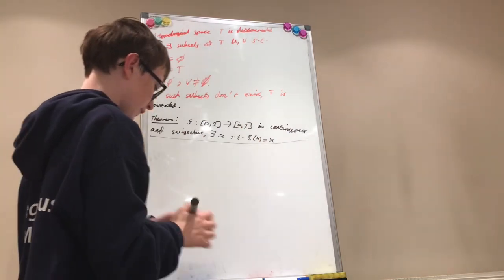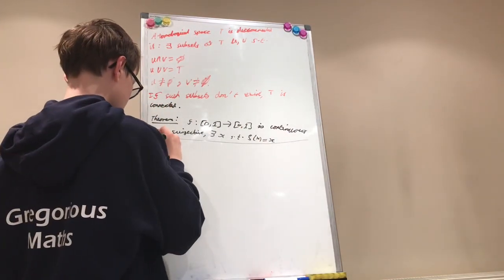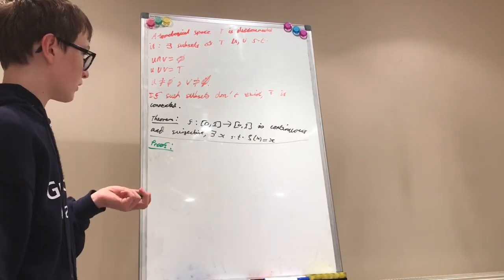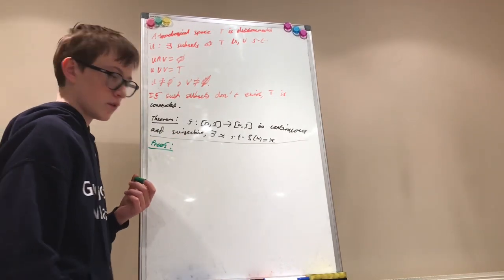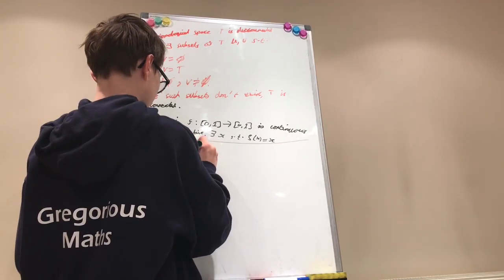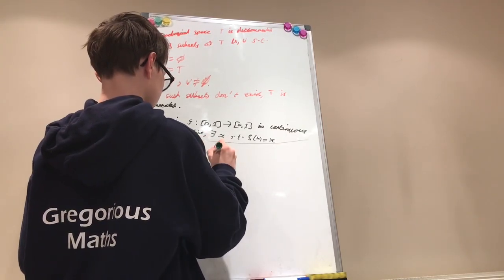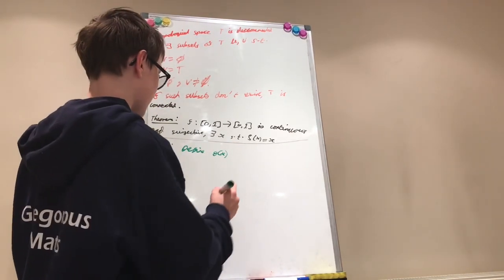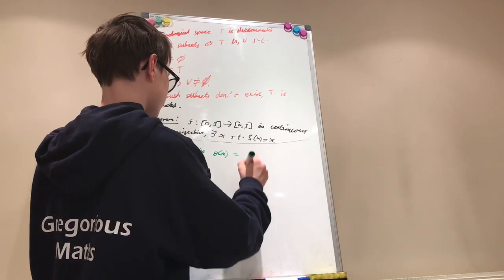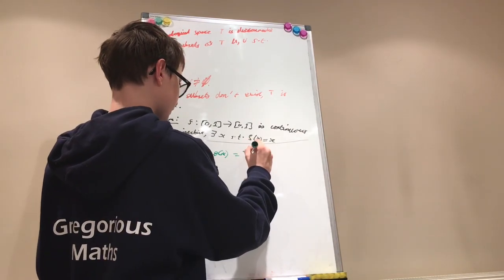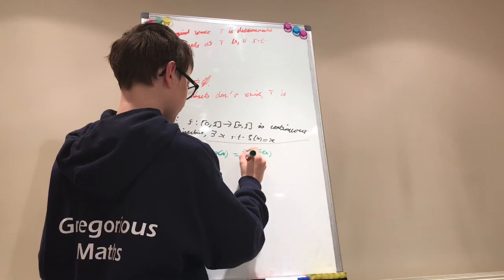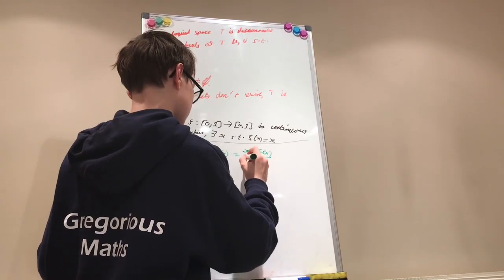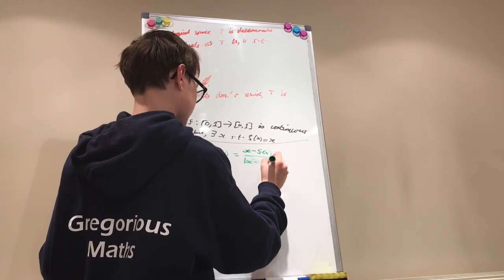How do we prove this? Well, first of all, we can define some new function g of x to equal x minus f of x, over the absolute value of x minus f of x.